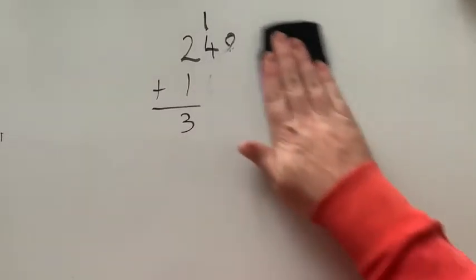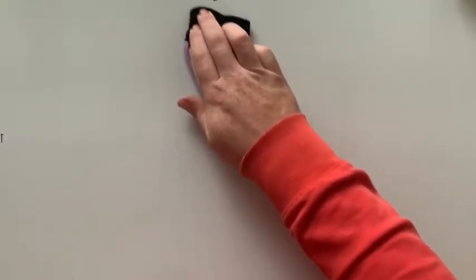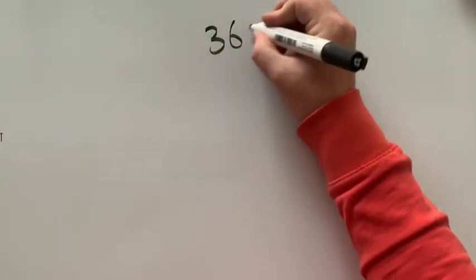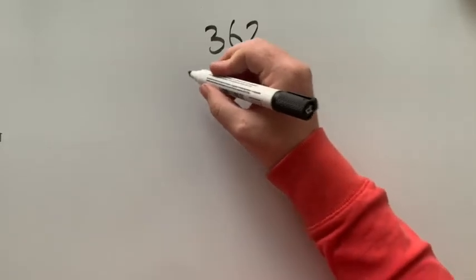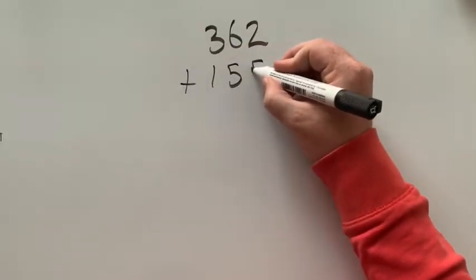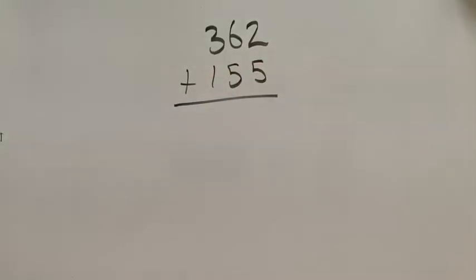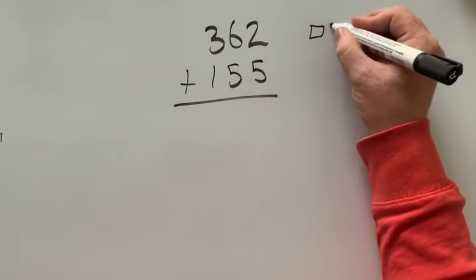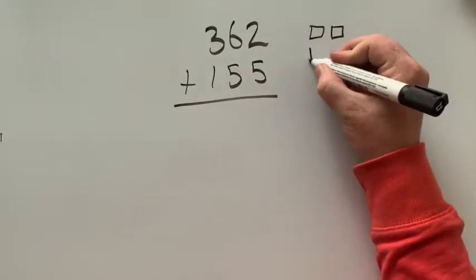I'll show you an example of renaming in the tens. 362 plus 155. Okay, we'll draw that. 1, 2, 3.